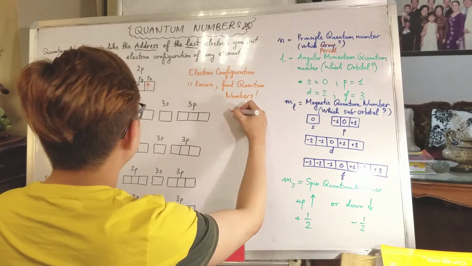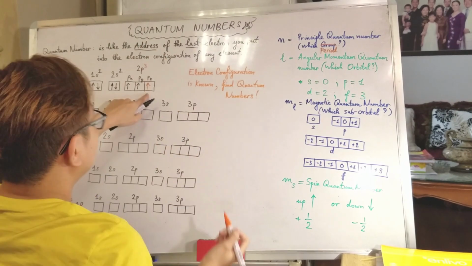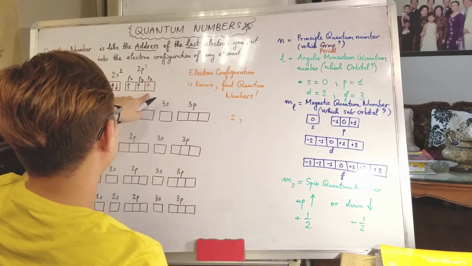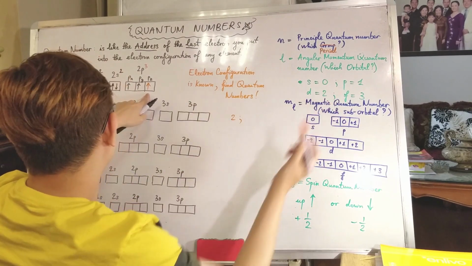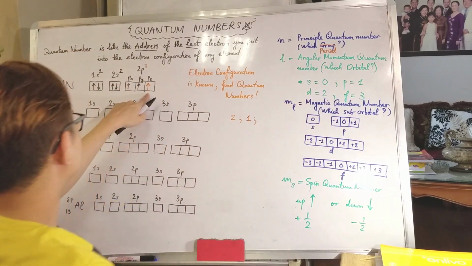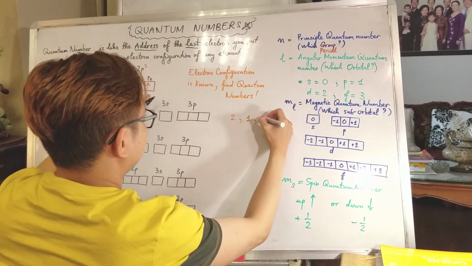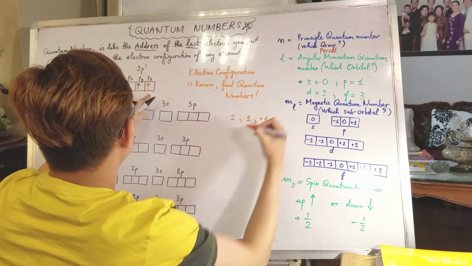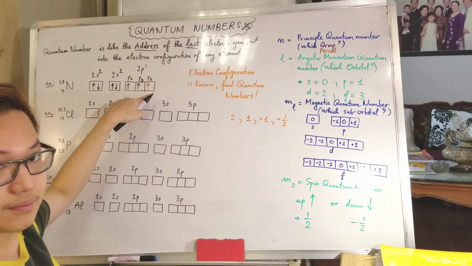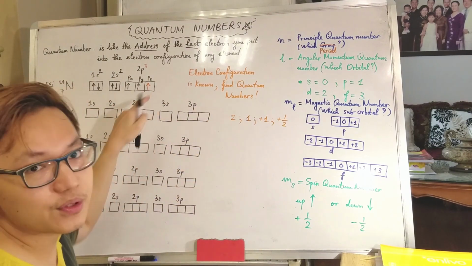In this case, it belongs to period 2, so the first quantum number is 2. Which orbital does it belong to? P, so it must be 1 here. Which square? It's to the right of the center, so it's plus 1. And it's an up, so it's plus half. There you go, 4 quantum numbers, like an address of the last electron you put in there.